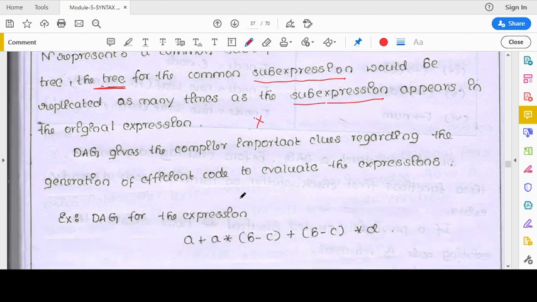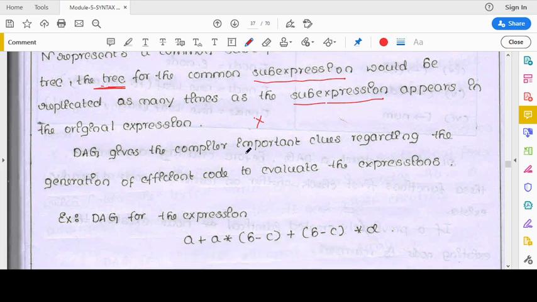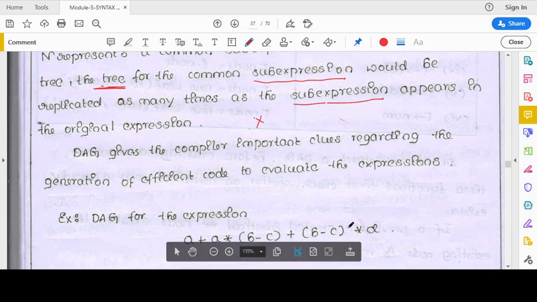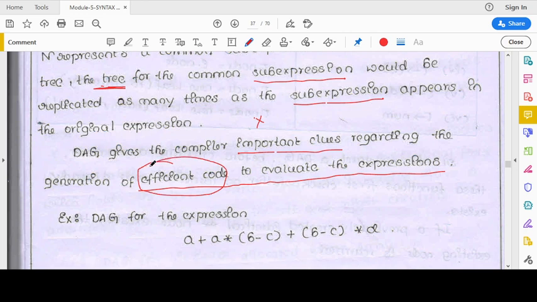So looking at one example, we try to understand what the DAG representation actually states. A DAG gives the compiler important clues regarding the generation of efficient code to evaluate the expression, right? We want the code to be as efficient as possible.